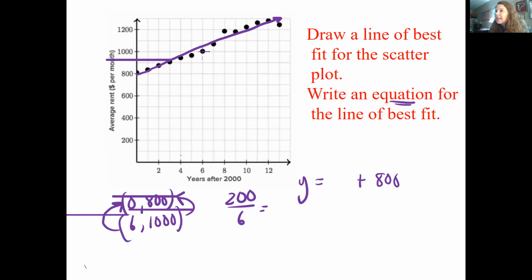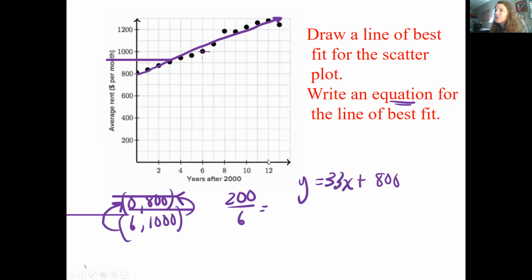So that means each year after the year 2000, the rent increases by about $33 per month. And the lowest apartment rent we found was 800. So in the year 2000, the average apartment rent was 800, and then it increases about $33 a year, according to what we just found.